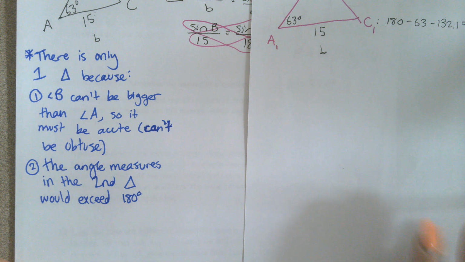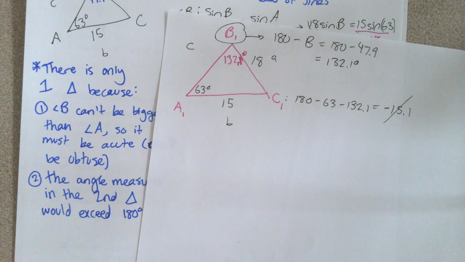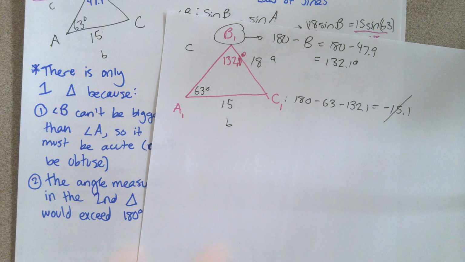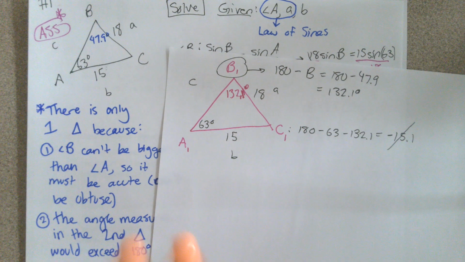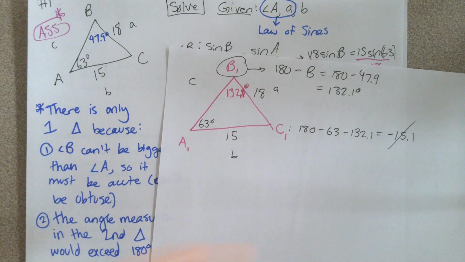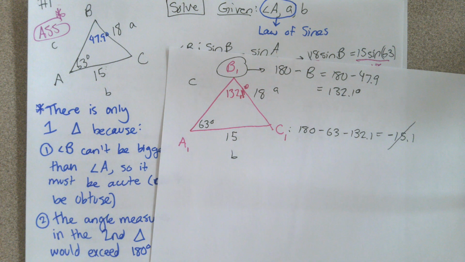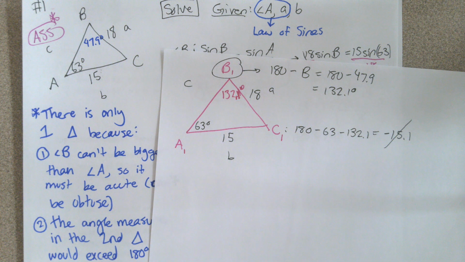So if you want to go through the math of it to figure out that it fails, you can do that. This is definitely a safe way to go about it, because if you struggle with trying to just decide by looking at it, you may incorrectly assume that there isn't a second triangle, and there actually is, and then you passed up on finding it. Had you thought maybe it wasn't, but still tried to find it, you would have found it. So this is a safe approach, but the first approach saves you time.